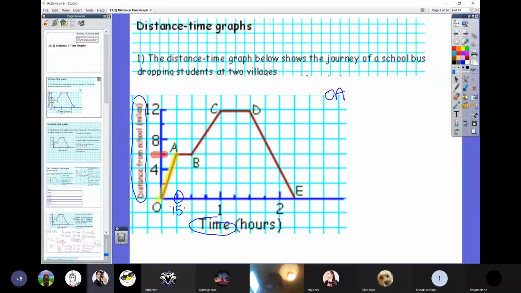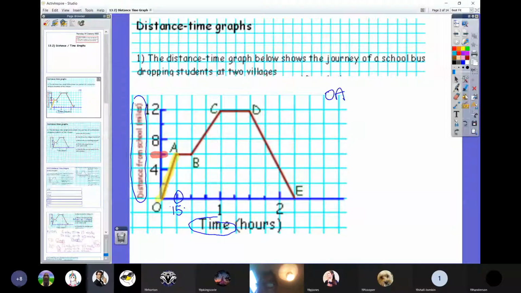So between O and A, the bus has travelled 15 minutes and gone 6 miles and has ended up at the first village. So let's say that's taken you from school to, say, Painswick. So you've gone from school to Painswick and it's taken 15 minutes. Okay, that's the journey from O to A.